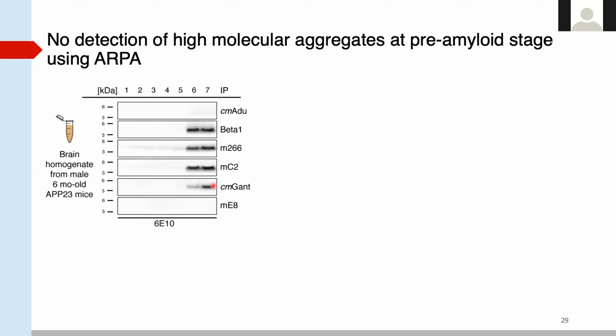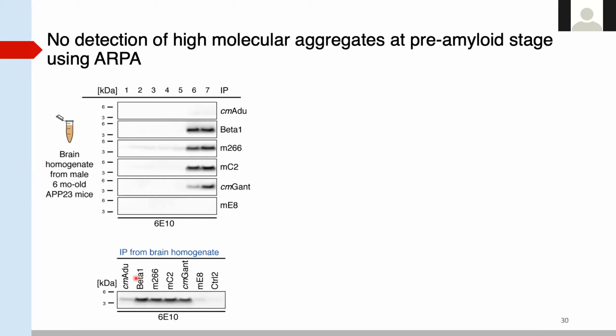So we were really surprised, and therefore we performed immunoprecipitation with these antibodies on unfractionated homogenate, so not size fractionated. And here we can see a very faint band for ADU. So we concluded that it's most likely that we did not see a band here due to limited analytic sensitivity of this assay.